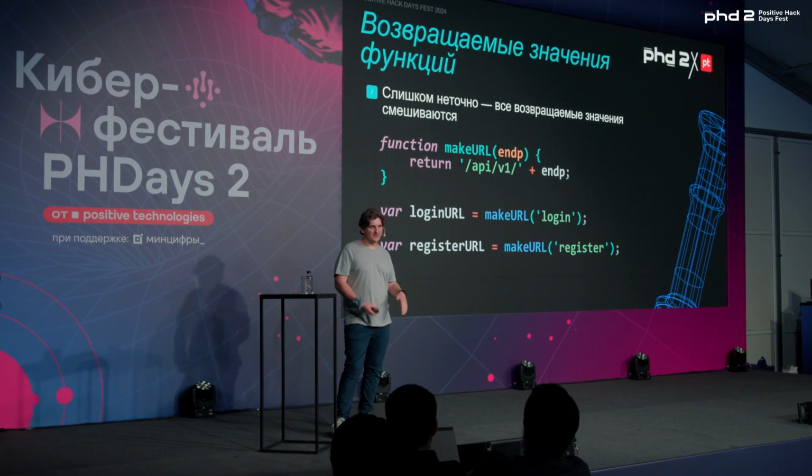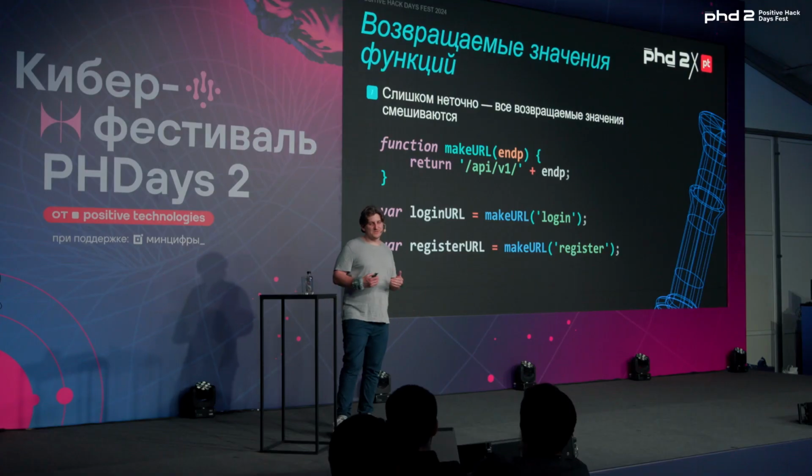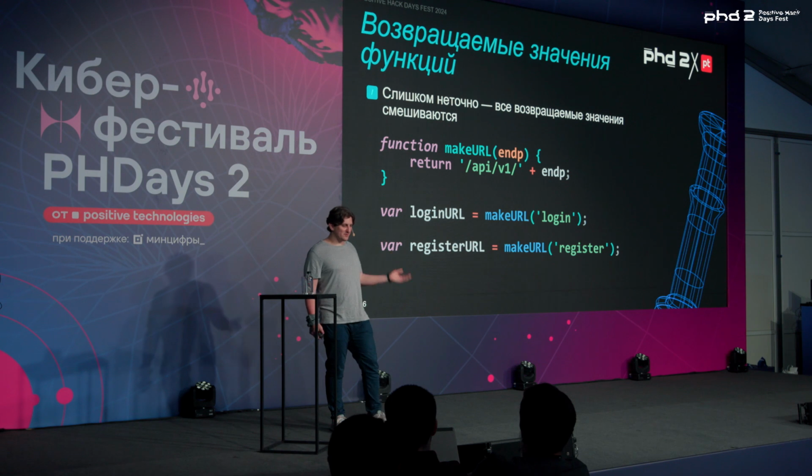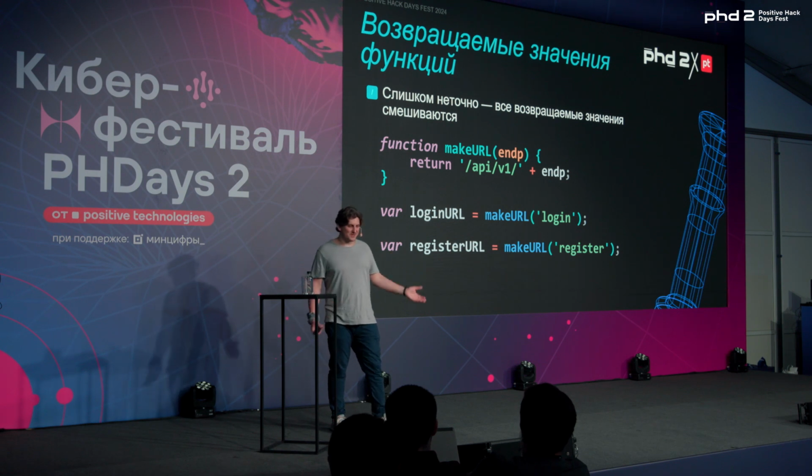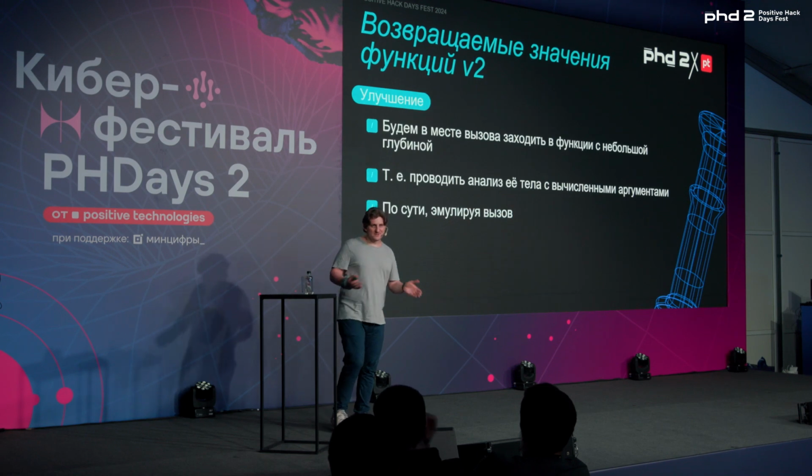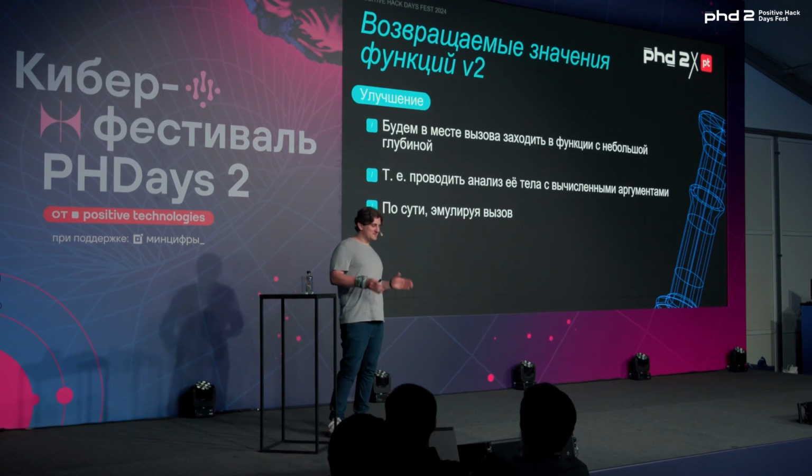Now imagine that we have a function that does something with its argument and then returns a related value. For example, here, it simply adds a prefix. So, for two call sites, as I'm showing here in the slide, the return values will be mixed up. For both login URL and register URL, there will be two potential values possible.